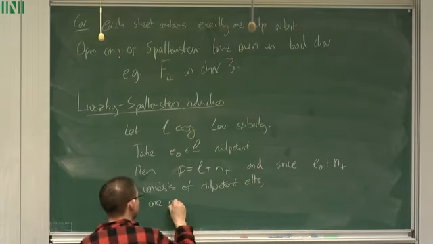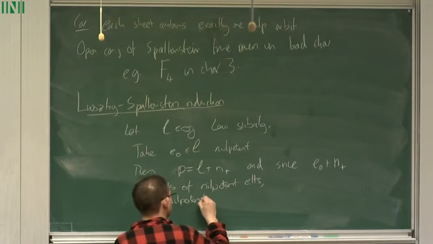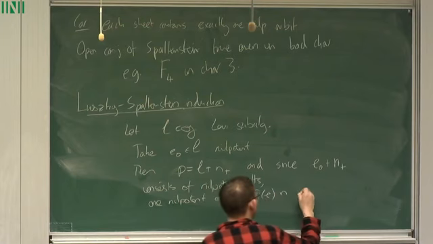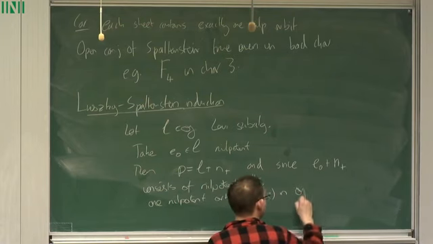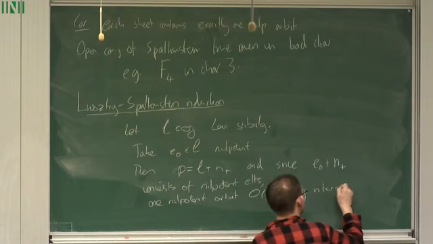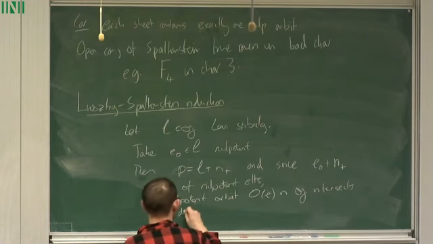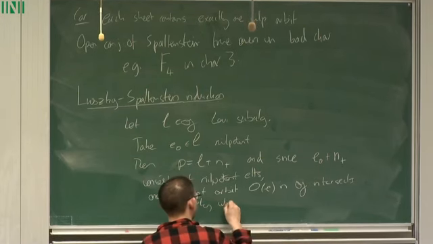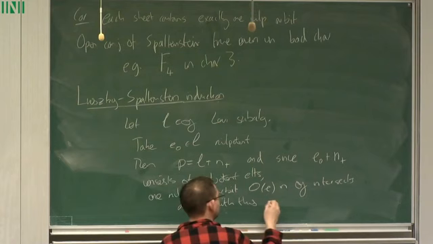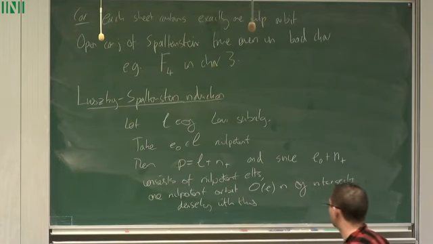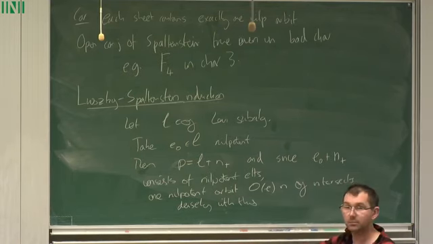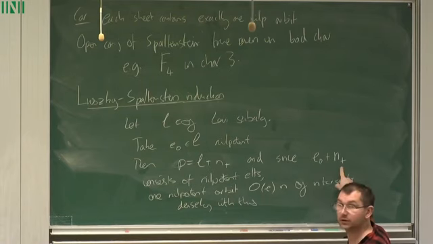So one nilpotent orbit, let's call it O of E in G, intersects this variety densely. That's the nilpotent orbit in the bigger algebra that intersects densely with this thing.